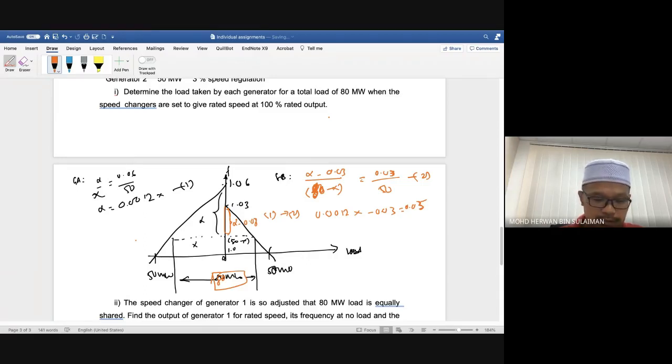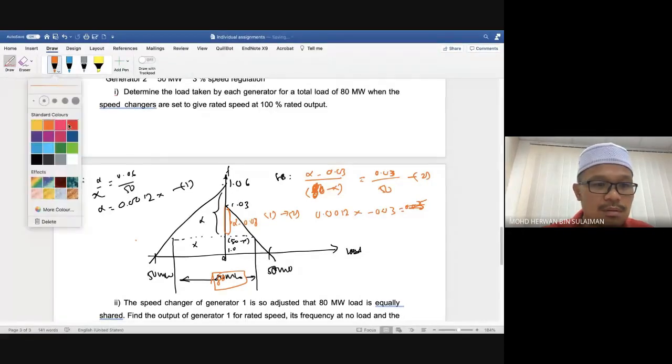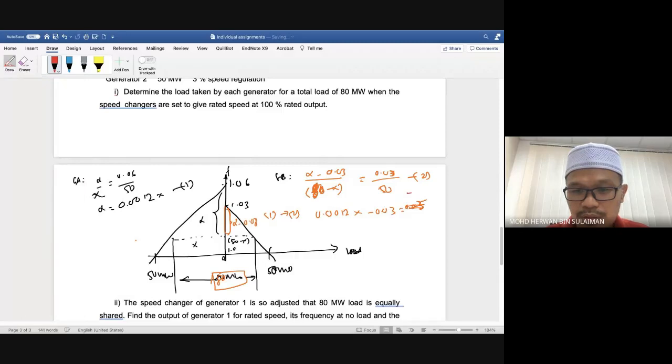Darabkan dengan 80, so dapat 0.048 here. You get 0.048 minus 0.03 divided by 50, 0.0006.